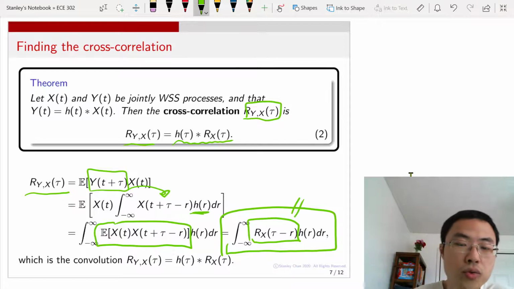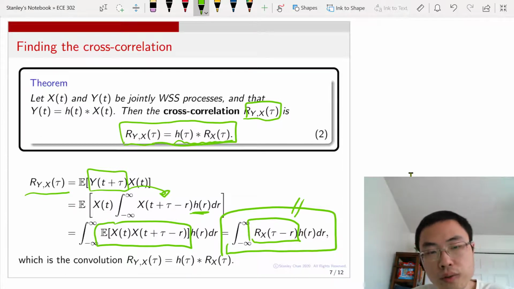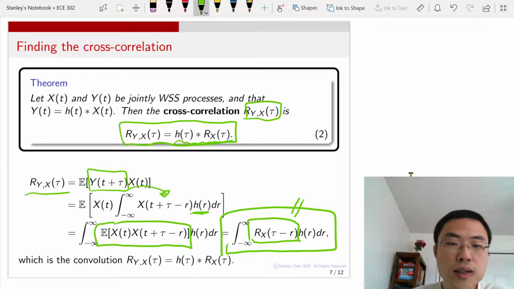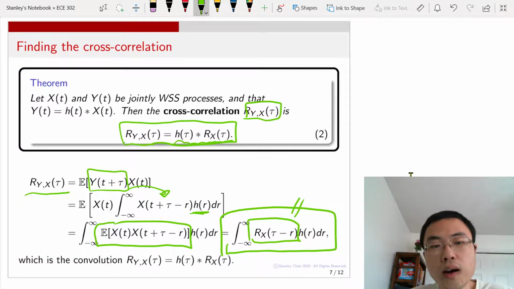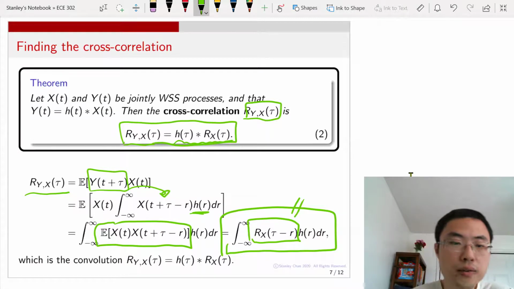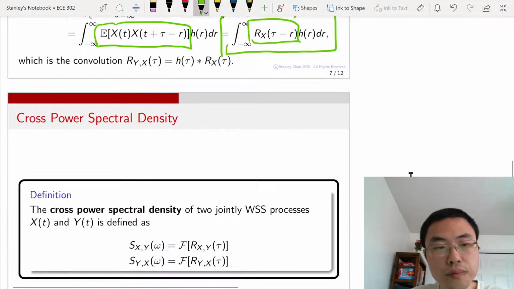Therefore, you can show that the cross-correlation function between y and x is the convolution between h and Rx. Now, to determine the cross-correlation function of x and y, so here is y and x, you can just calculate this convolution and put a minus sign on this tau. Then you'll be able to get the other cross-correlation function.